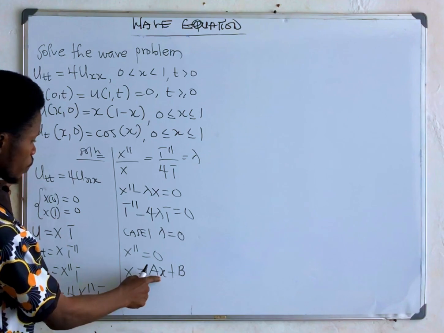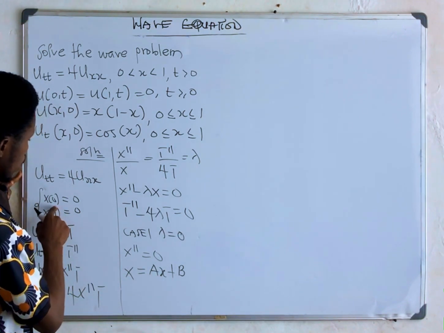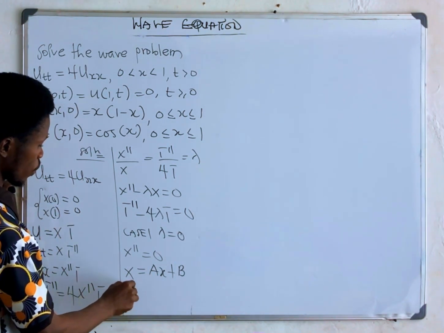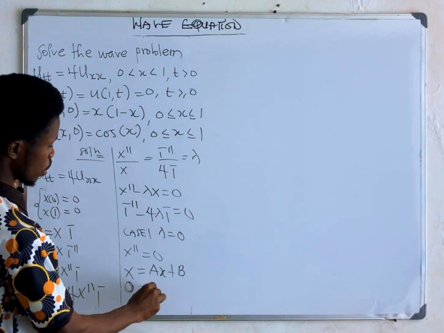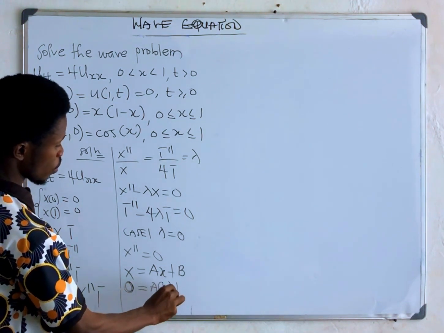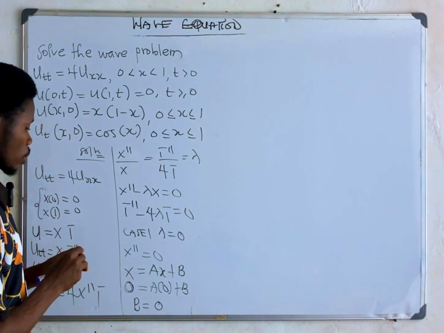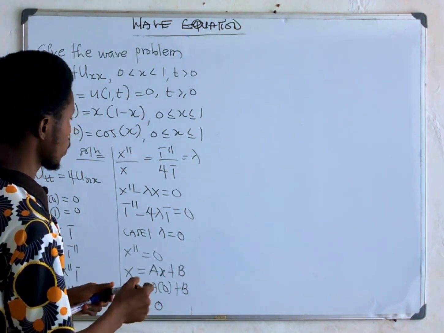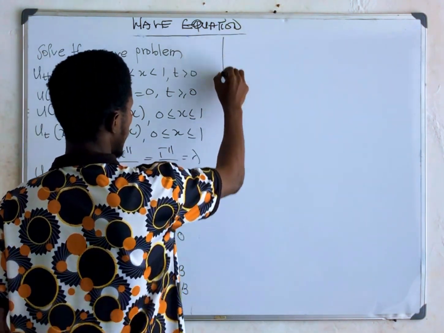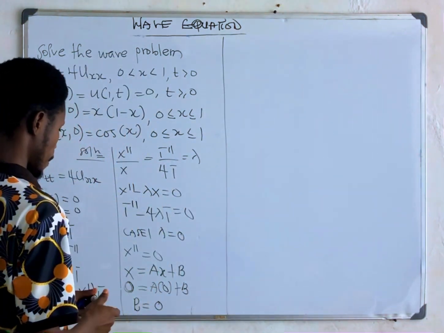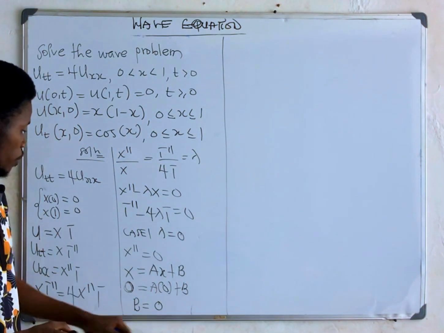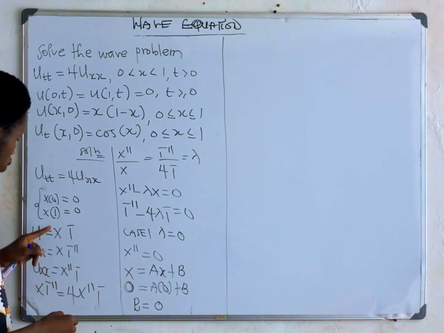When x is 0, capital X will be 0. So I'm going to have 0 equals a multiplied by 0 plus b, so b is equal to 0. If b is 0, this is 0. Now let's move to the second one.